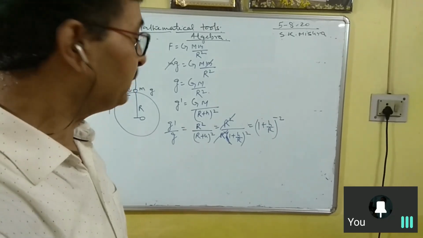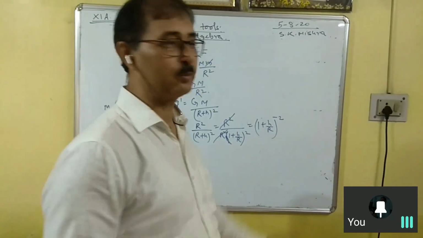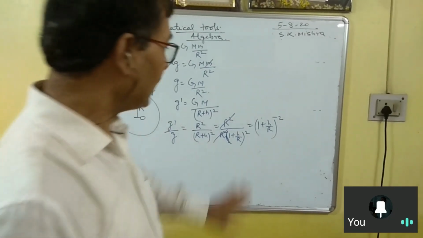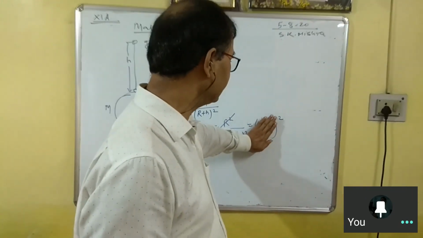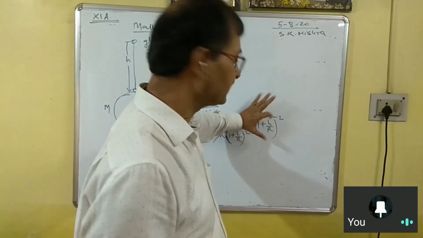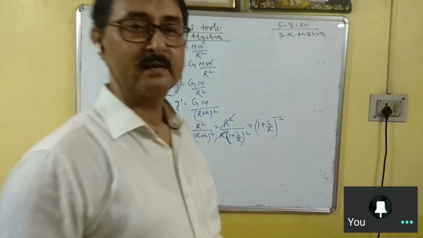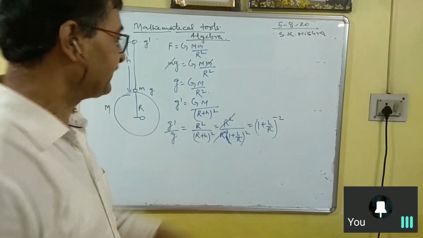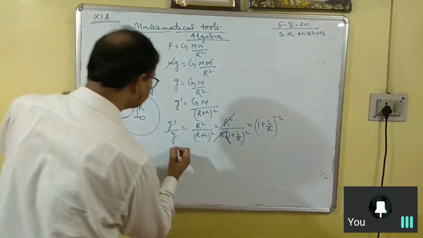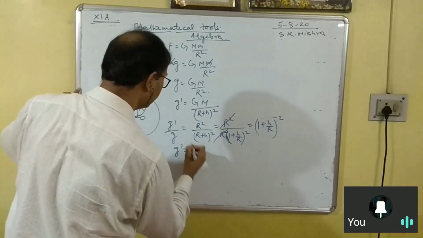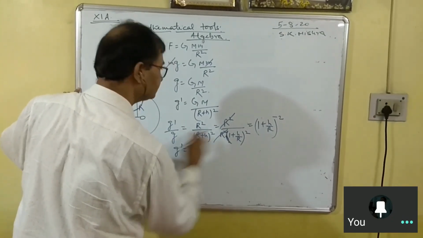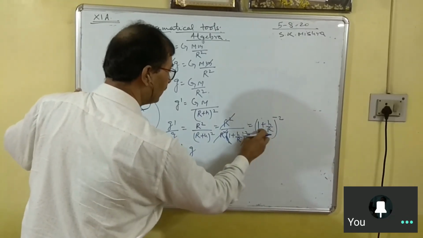Now the only way to expand it is the binomial expansion. 1 plus x, this quantity is x, is 1 plus x raised to n. I have shown you the expansion formula. Then g dash is equal to this g, and then how will you expand it?